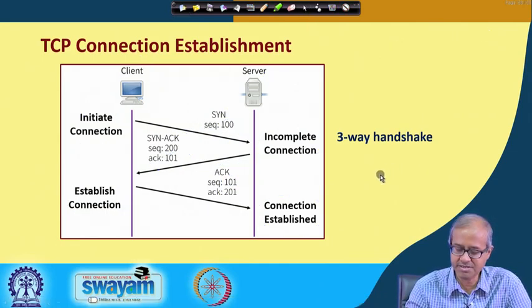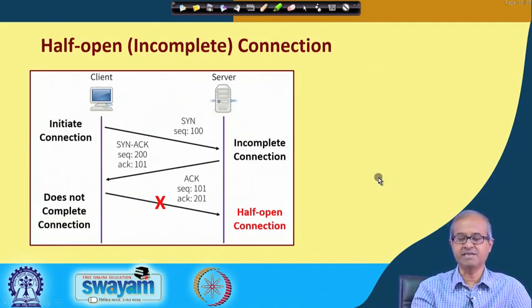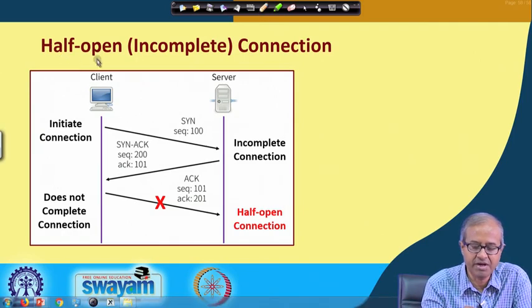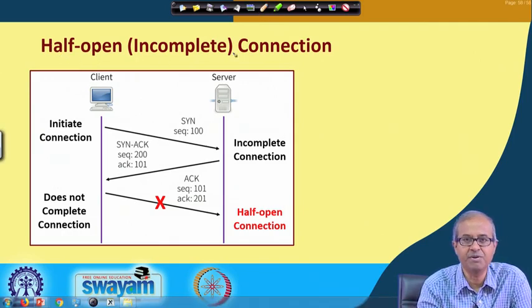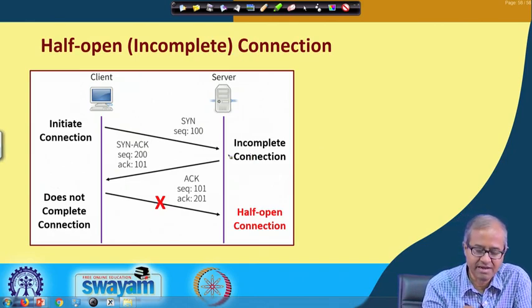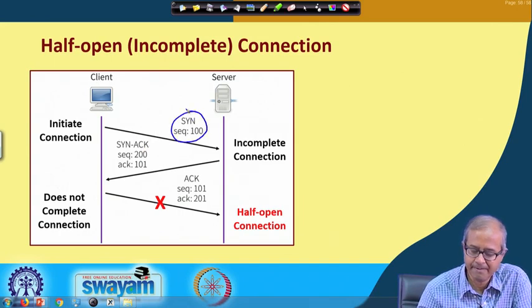This is how a TCP connection is established. But look at a scenario like this, which we refer to as a half open or incomplete connection. In that same diagram I am showing, the client is sending a request, and the server gets that request.